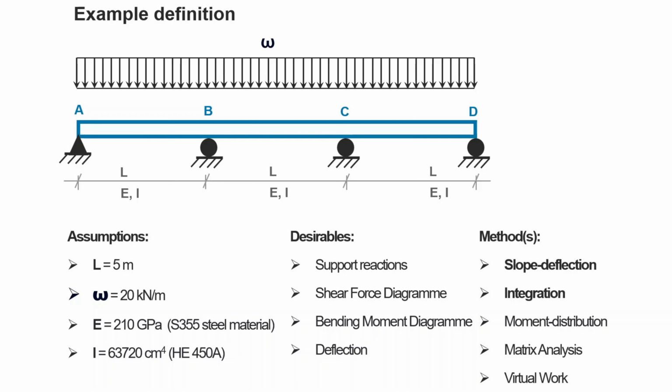For this purpose, I'm using the slope deflection method today, and later on today, I will use the double integration method as well to find the maximum deformation in the span.